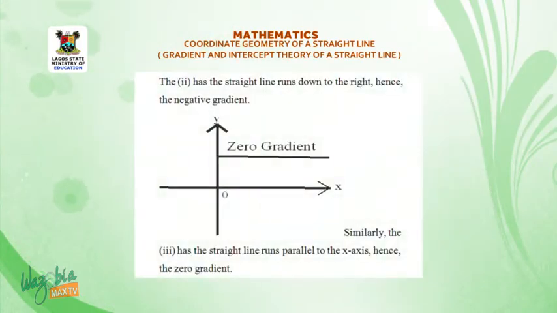Roman figure 2 has the straight line runs down to the right, hence the negative gradient. Similarly, the Roman figure 3 has a line that runs parallel to the x-axis, hence the zero gradient.